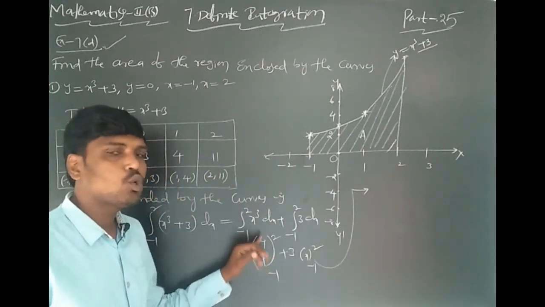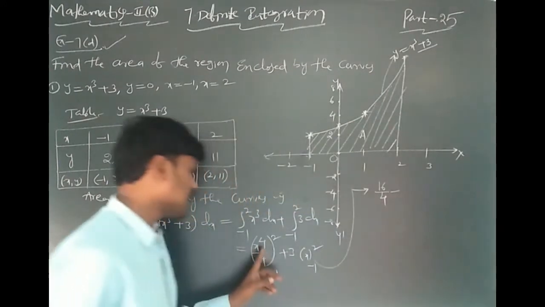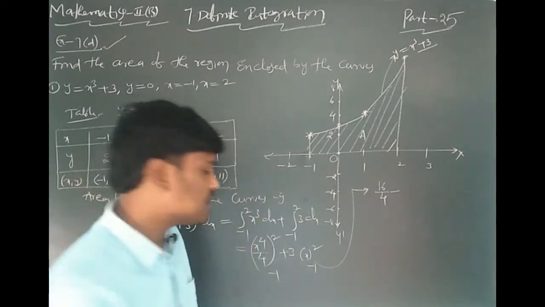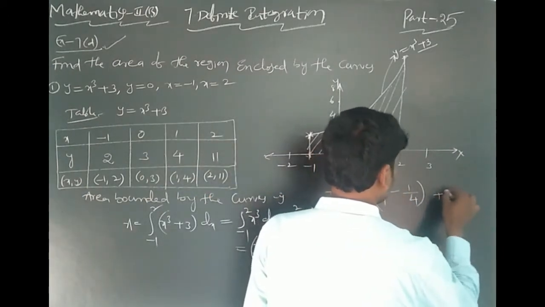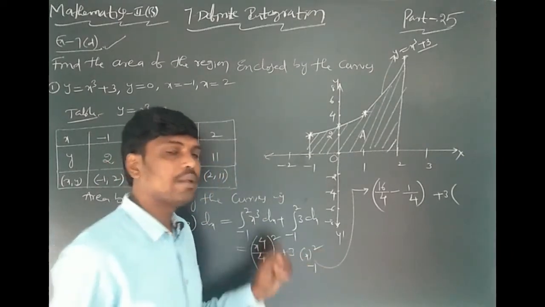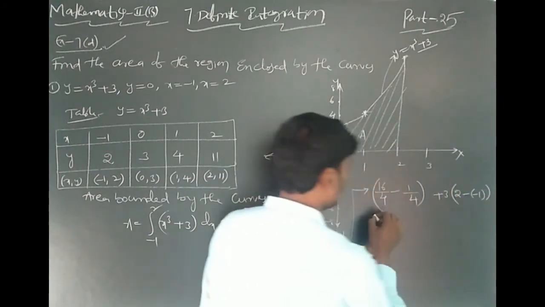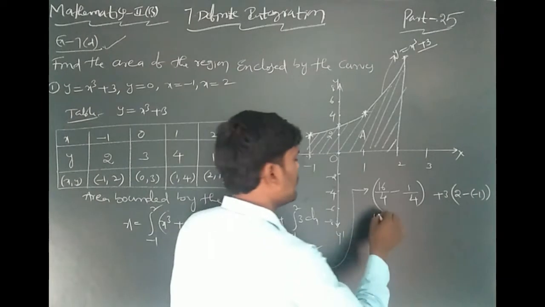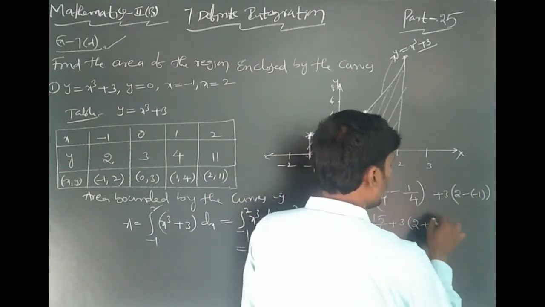First the upper limit: 2 power 4 is 16, so 16 by 4, minus minus 1 whole power 4, which is even, so positive 1 by 4. Then plus 3 into 2 minus of minus 1.